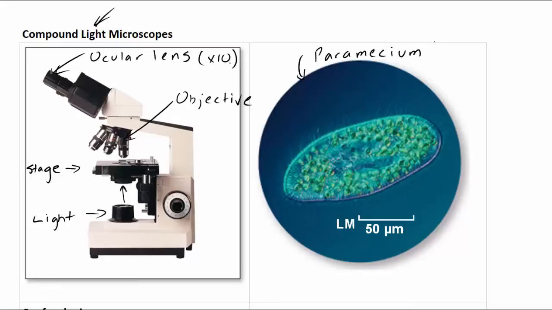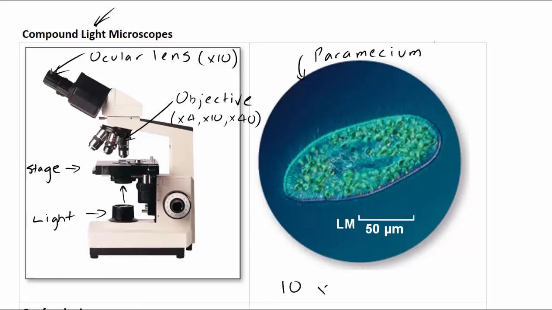This is represented with the symbol times 10. The 3 objective lenses are generally magnifications of times 4, times 10, and times 40. In order to figure out the total magnification of the image, you multiply the value of the ocular lens magnification by that of the objective lens.